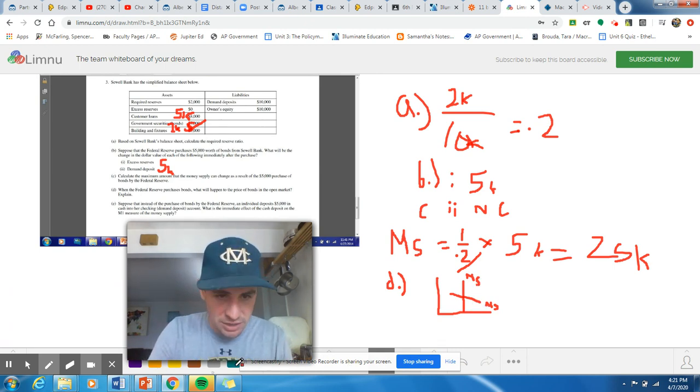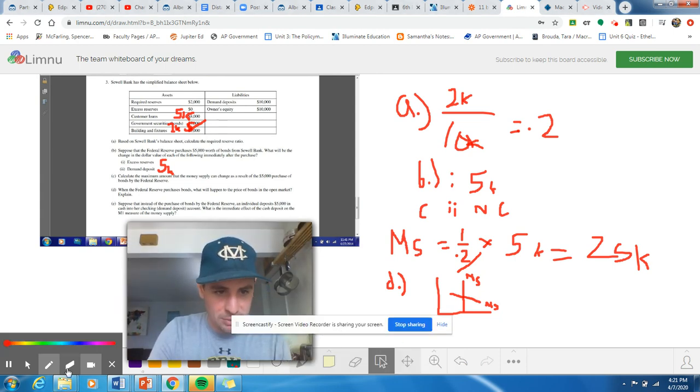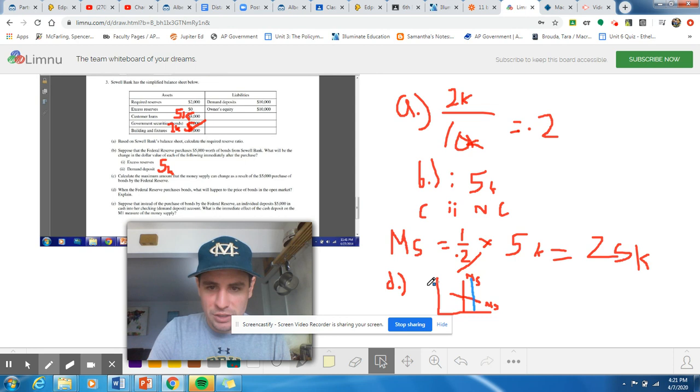I'll try to get a different color to show that. The money supply increases. So what happens to interest rates? Well, the money supply increases from left to right, from red to this blue, so the interest rates decrease.